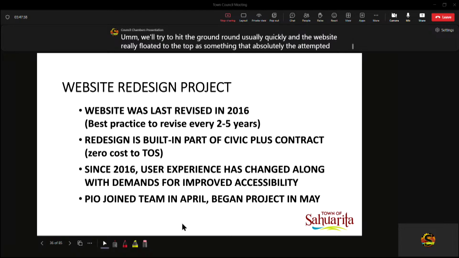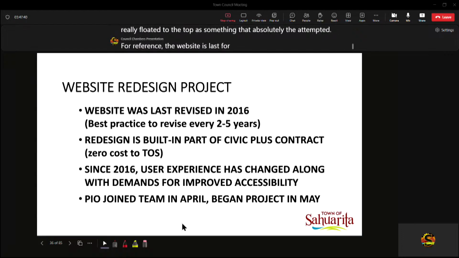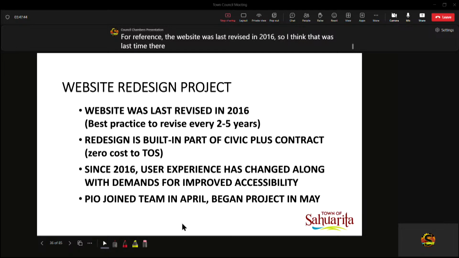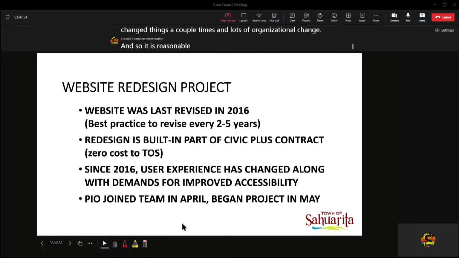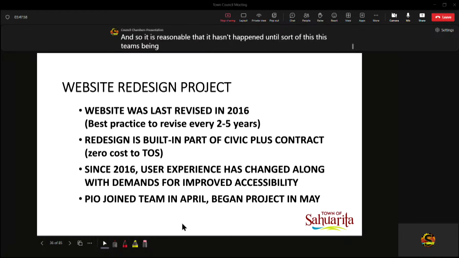For reference, the website was last revised in 2016. So I think that was the last time there was a really consistent communication team, and it has since changed teams a couple times and had lots of organizational change. And so it is reasonable that it hasn't happened until this team is being formed now.